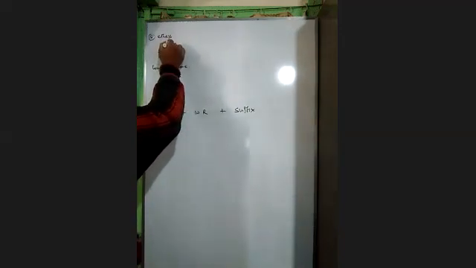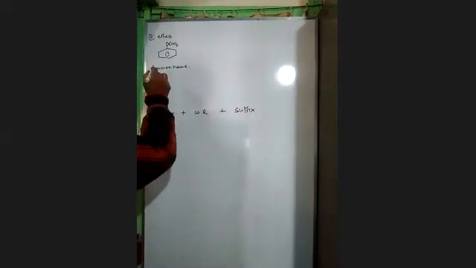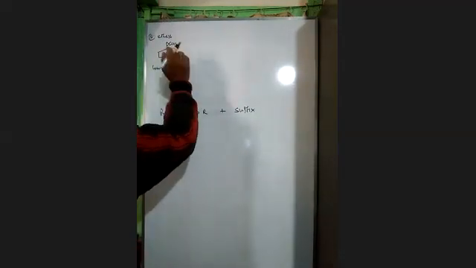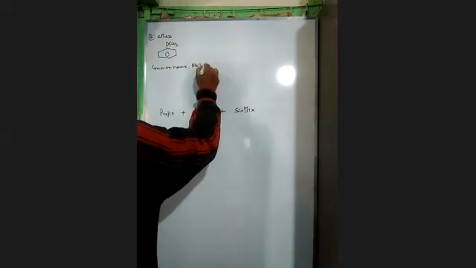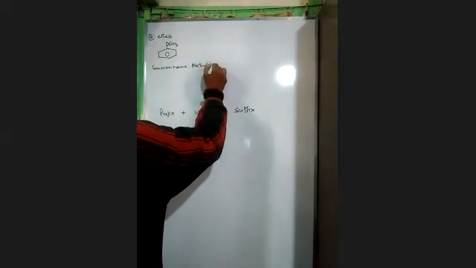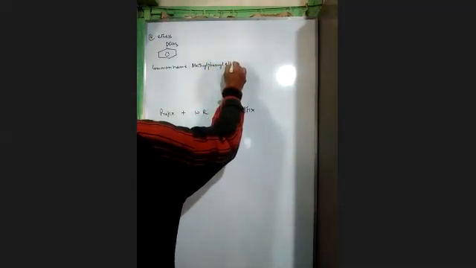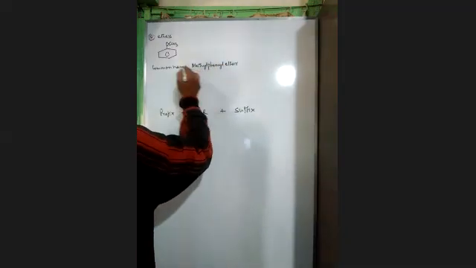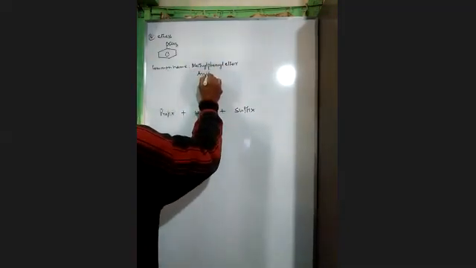We know this functional group is called an ether when oxygen has carbon on both sides. So this is called methyl, this is called phenyl. It's called methyl phenyl ether, but it is more popularly known as anisole. We always call it anisole.